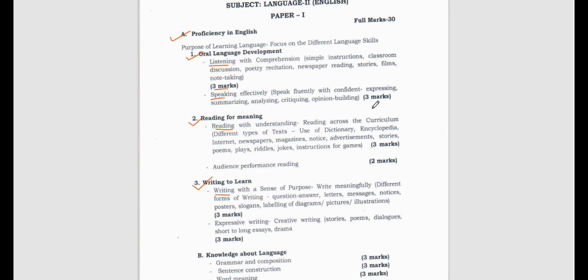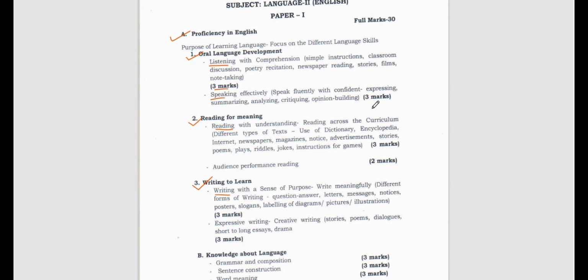Now, reading with understanding means, see, what different types of materials will enhance our reading skills. So it can be a dictionary. You all know what is a dictionary, right? We all used to use a dictionary in our school time.